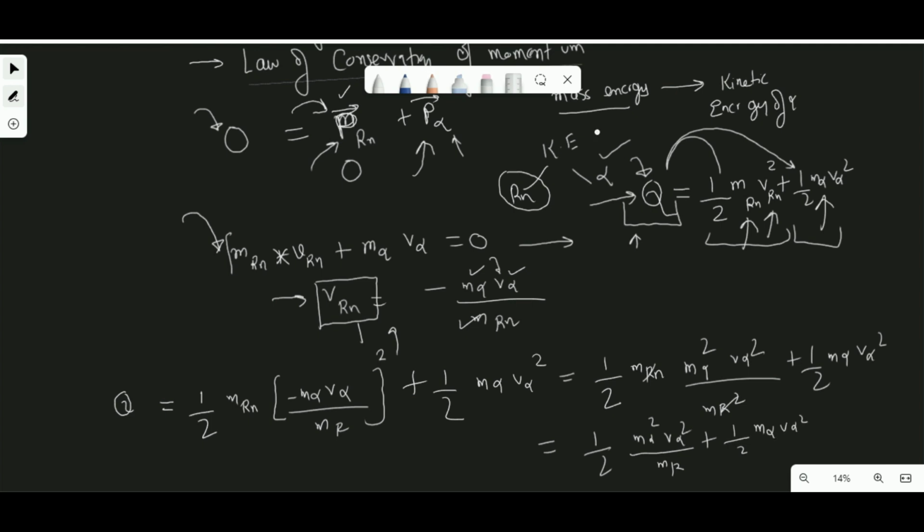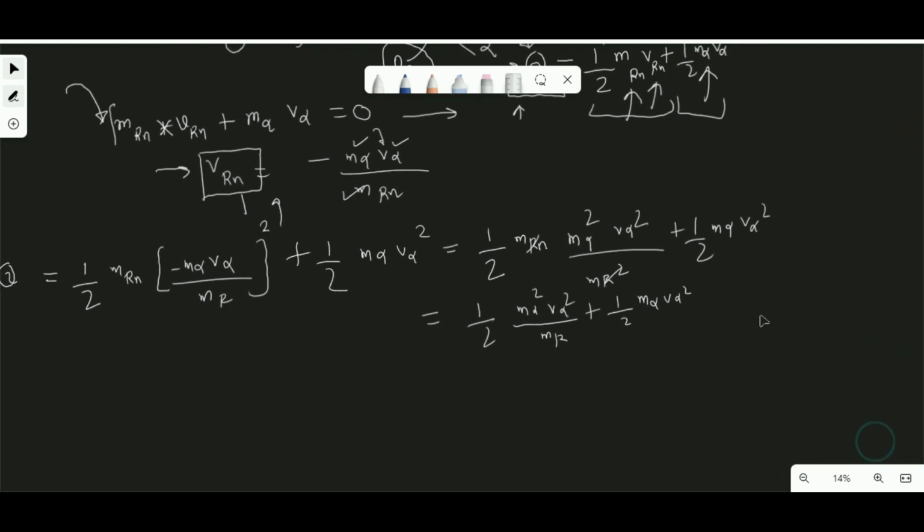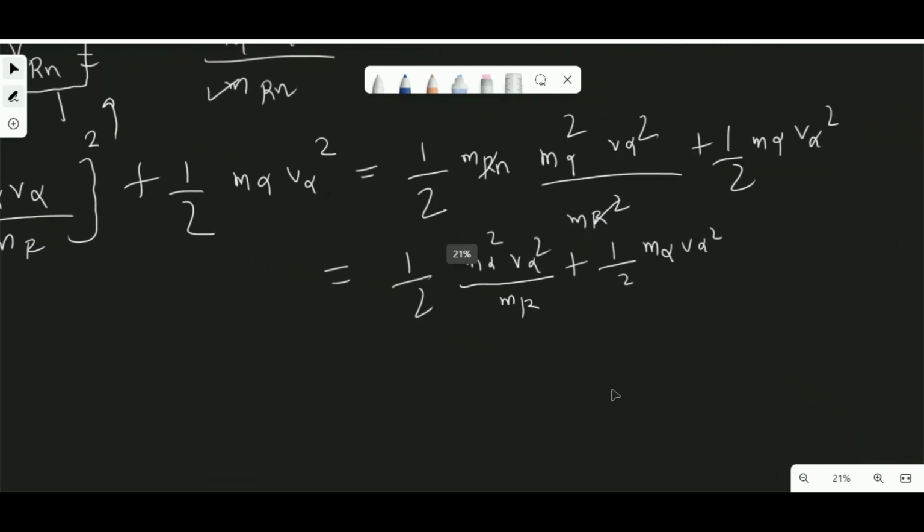I will just show you, and this is where a bit of mathematical knowledge is required. You get to this point of half m alpha v alpha square. I'm just taking one m alpha out, multiplied by m alpha divided by m Rn. What is this?